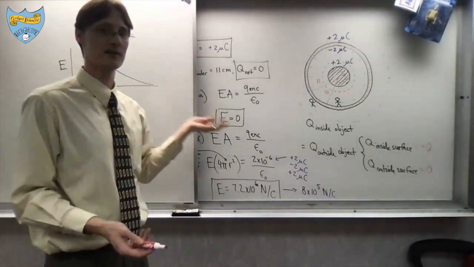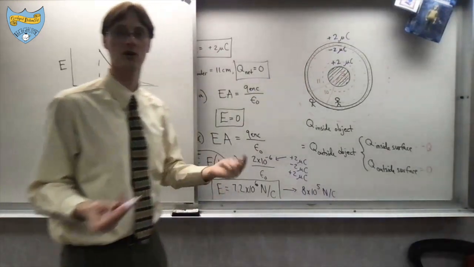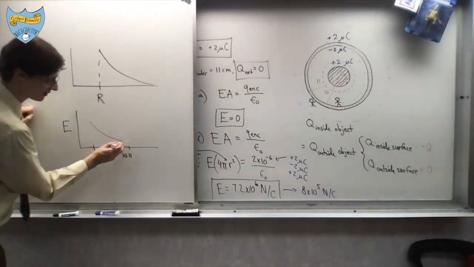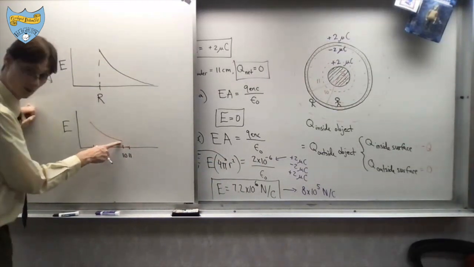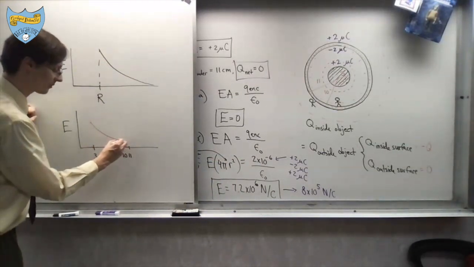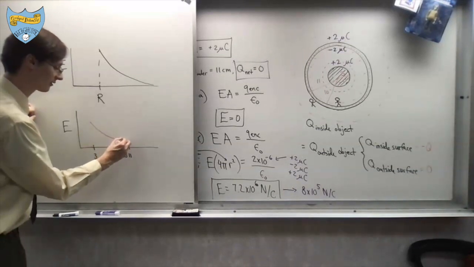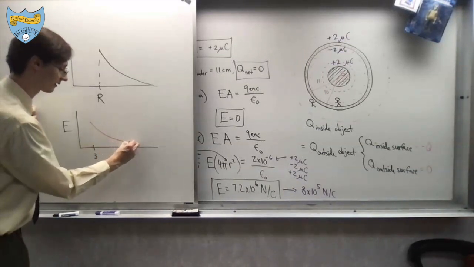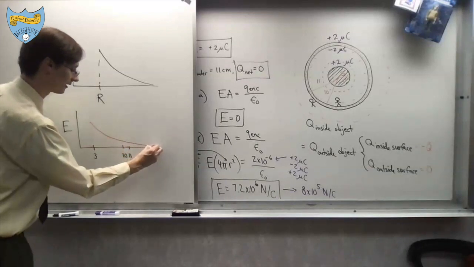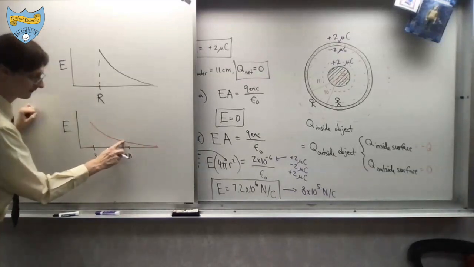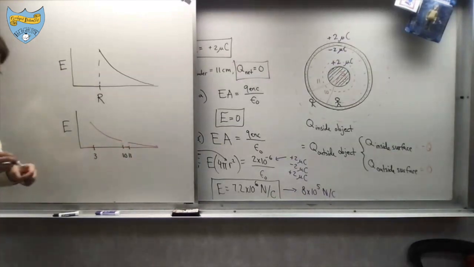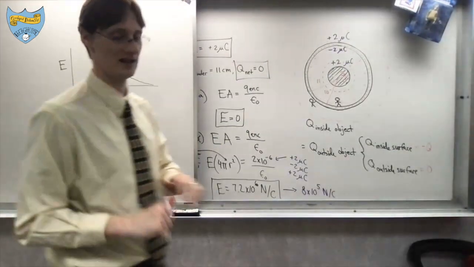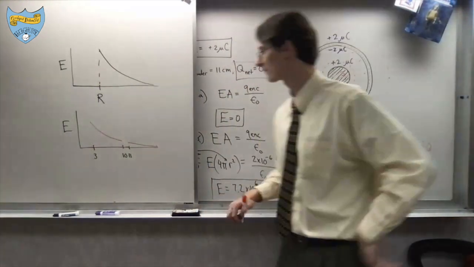The conductor, the outer object rather, was overall neutral. And so what's really going to happen is we don't pick up quite where we started off. We pick up as though this line just kept on smoothly decreasing, but it was interrupted by the presence of the conductor between 10 and 11 centimeters.